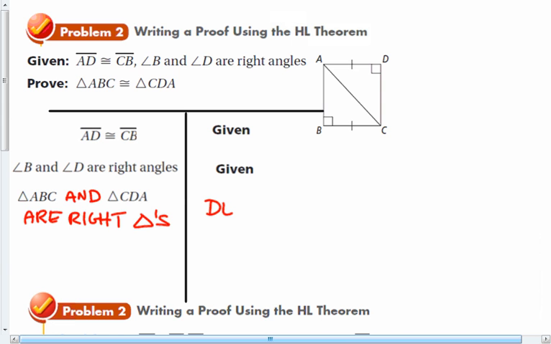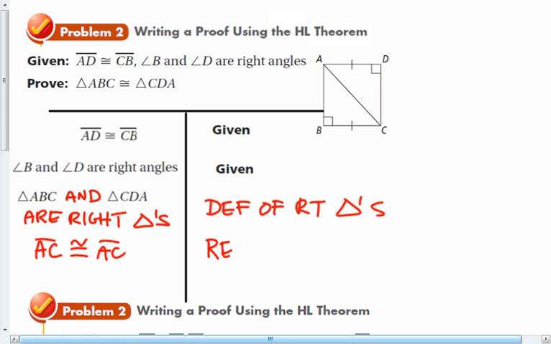And that's by the definition of right triangles. And then we have to show that AC is congruent to AC. And that's by the reflexive property.